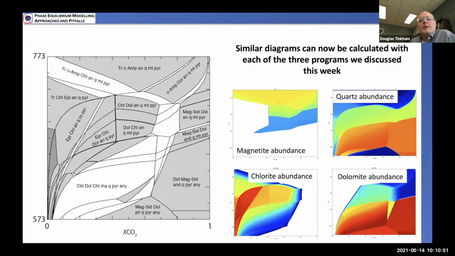I think that's one of the utilities of Perplex and Theriak-Domino: you can really start to interrogate your rocks in a short time, think about what the phase equilibria is telling you, where the problems in the calculations are, and quickly determine whether or not your results physically make any sense. Because when you're working with these complex COHS fluids, you can of course do some quite crazy things that aren't necessarily geologically reasonable.